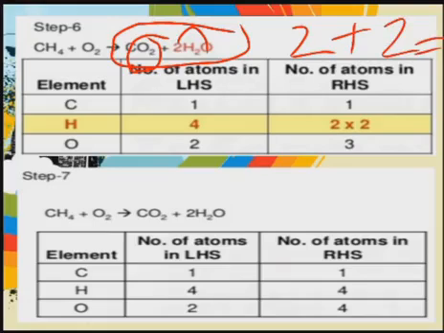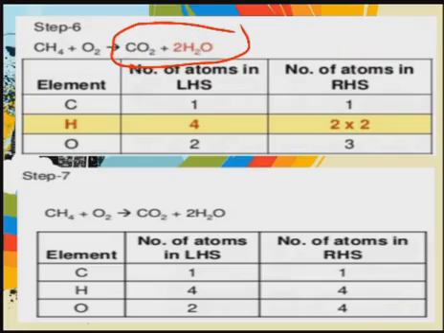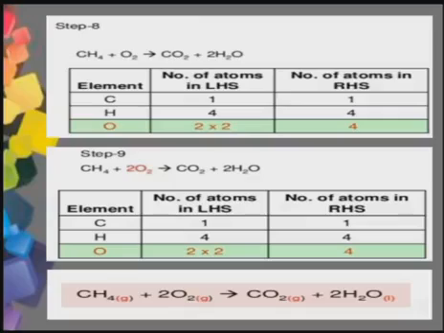The number of oxygen atoms on the product side becomes 4. Now we are going to balance the number of oxygen atoms on the left-hand side. Here it is 2, so by putting 2 here, 2 into 2 is 4, on the left-hand side it will become 4. The number of oxygen atoms is balanced, so our balanced equation will be CH4 + 2O2 gives CO2 + 2H2O.